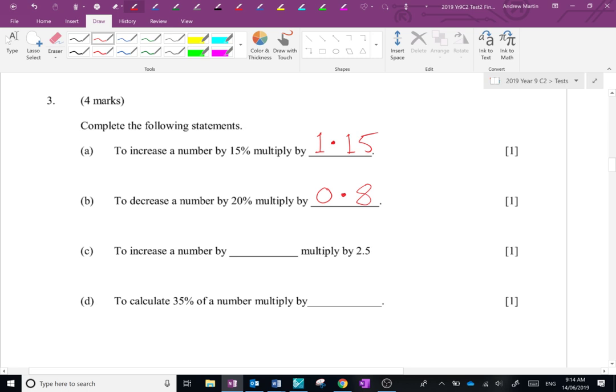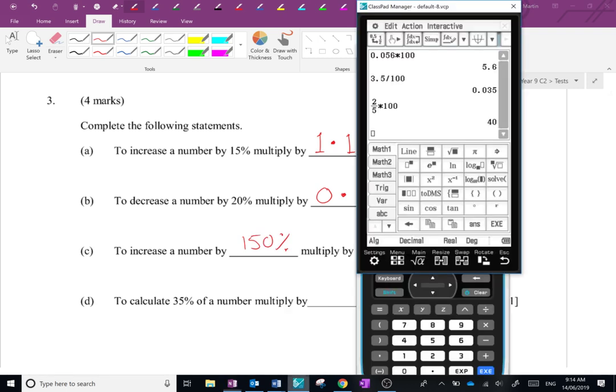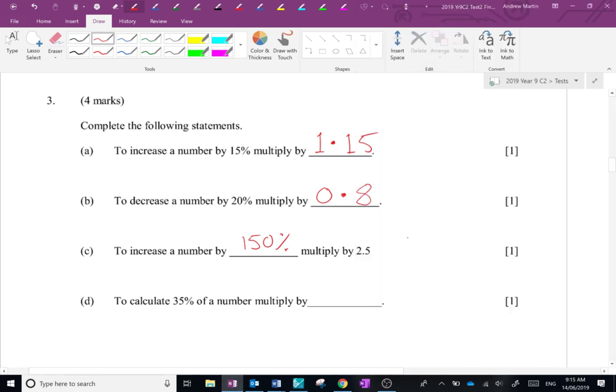To increase a number by what? Multiply by 2.5. So that's if we're increasing by 150%. Because if we're increasing something by 20%, we would multiply by 1.2.